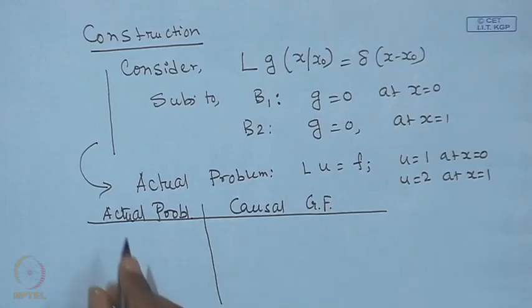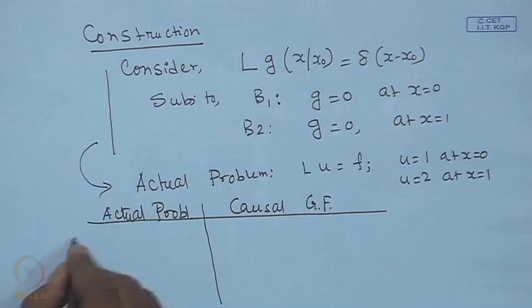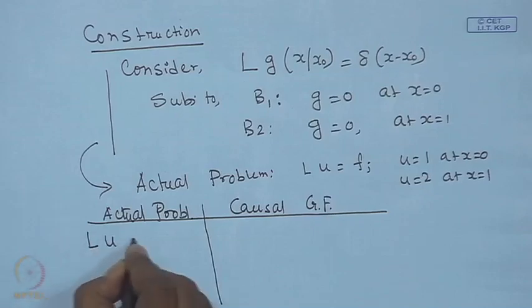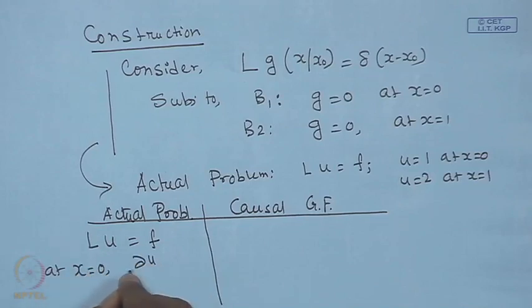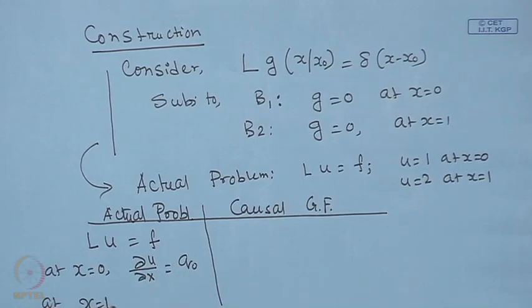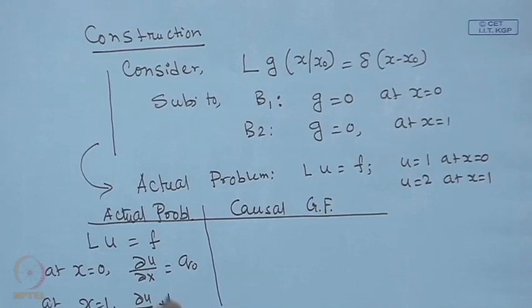In the actual problem, we have, let us say, L u is equal to F, at x is equal to 0, del u del x is equal to, let us say, q 0, and at x is equal to 1, del u del x plus beta u is equal to u 3.